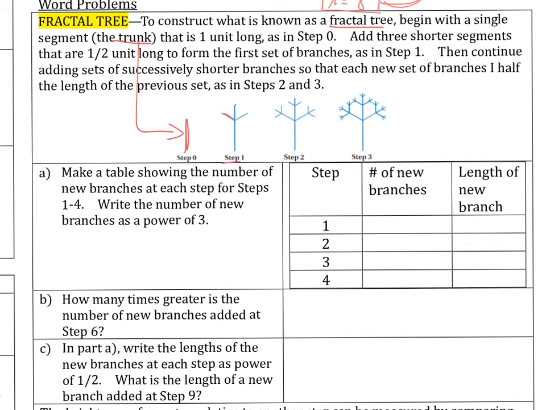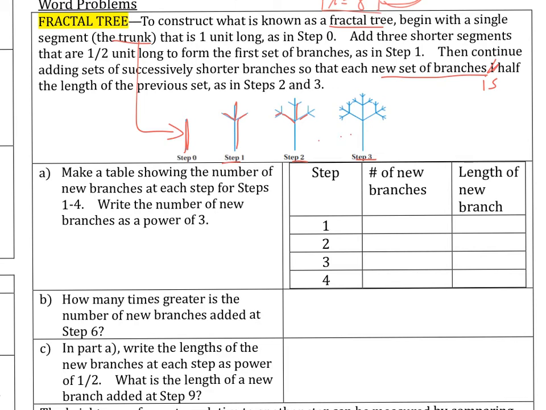So the length of each of these branches is only half as long as the trunk. Then continue adding sets of successively shorter branches so that each new set of branches is half the length of the previous set, as in step 2 and 3. So the length of this little branch here is half the length of the previous set, and so forth.